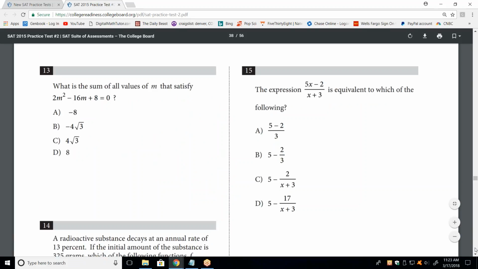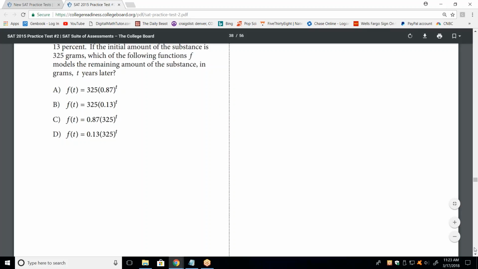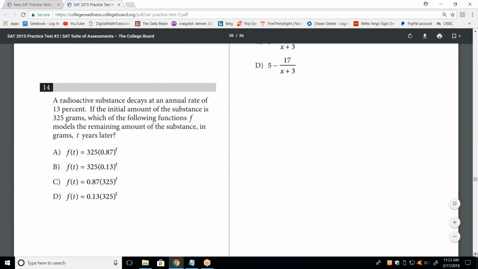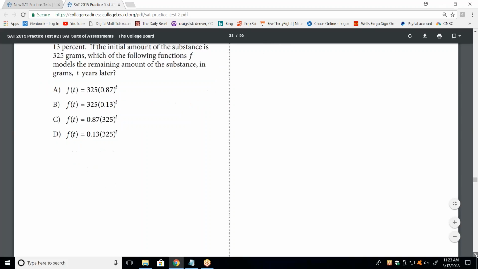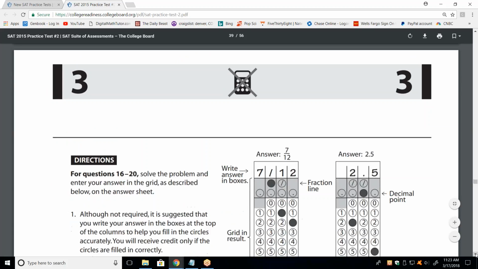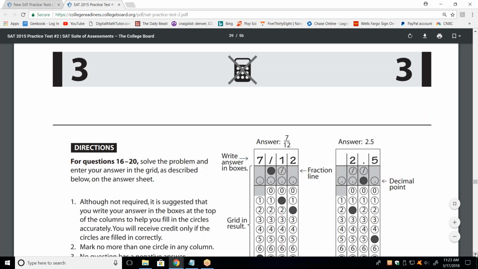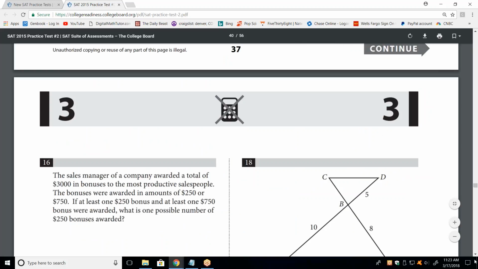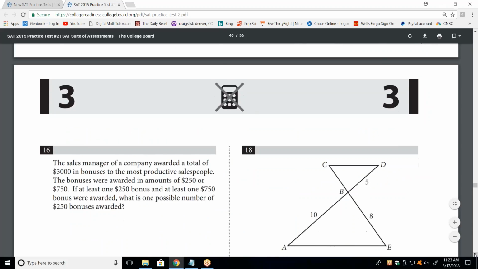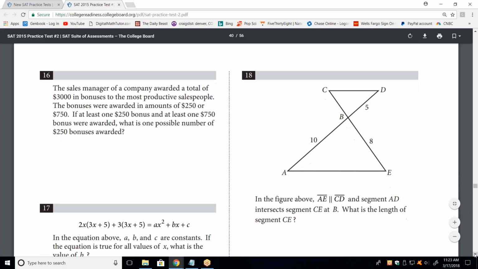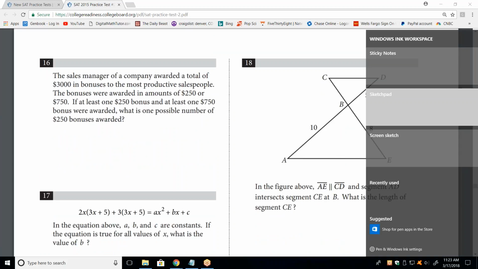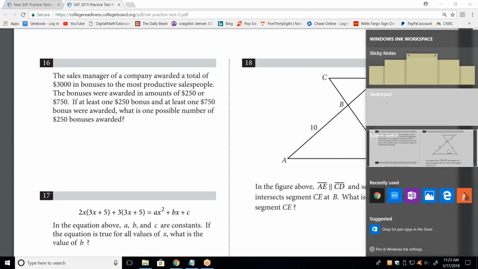All right, let's look at 16. Well, there is no 16. Okay, so now we're in the grid non-calculator part. So these first few will be easy. Take a look at 16.